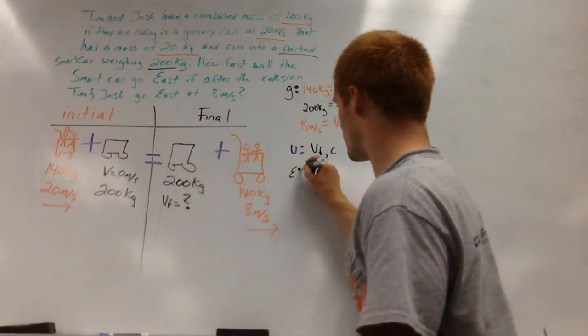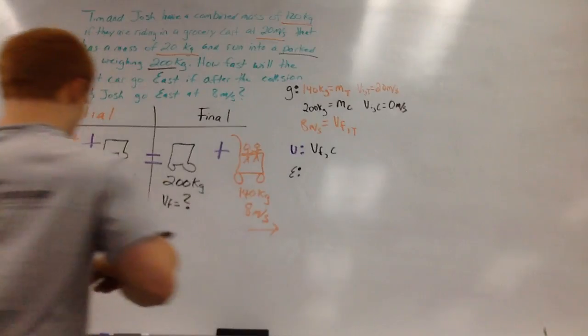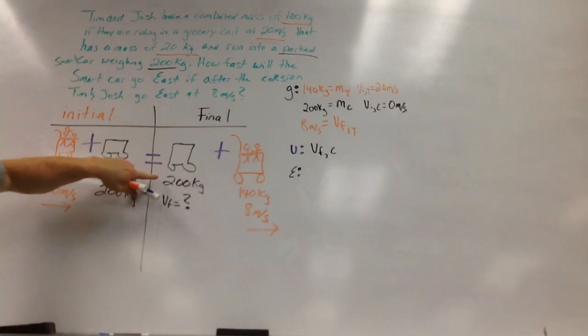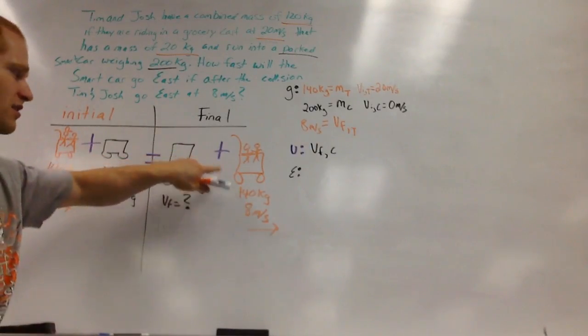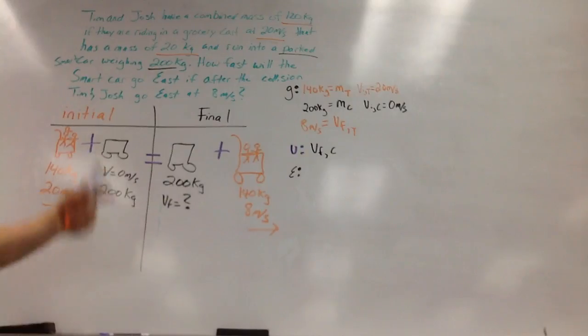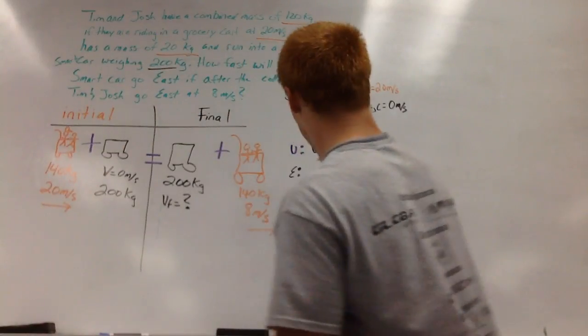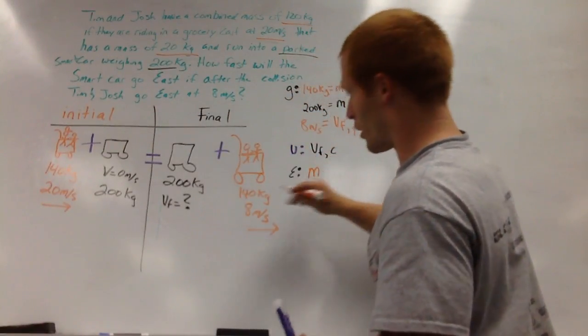So our equation, based off the picture, we're going to have this mass, this velocity, plus this mass, this velocity, equals this mass, this velocity, plus this mass, this velocity. That is our equation. We get it from the picture. So the equation, that's why I'm going to color code it.